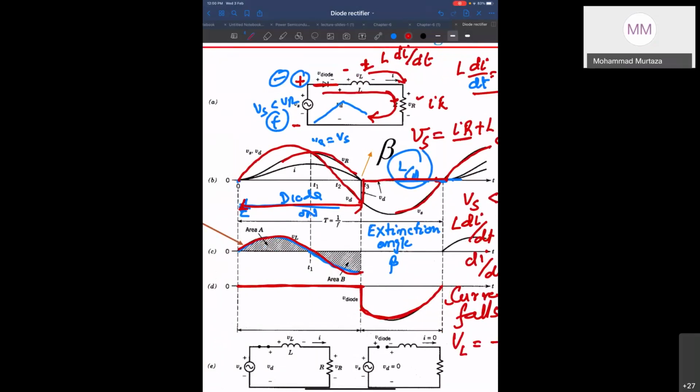Doctor, if I have a large enough L over R ratio or a suitable value, is it possible to get the entire source voltage across the output? You see, you have to have very big inductance.